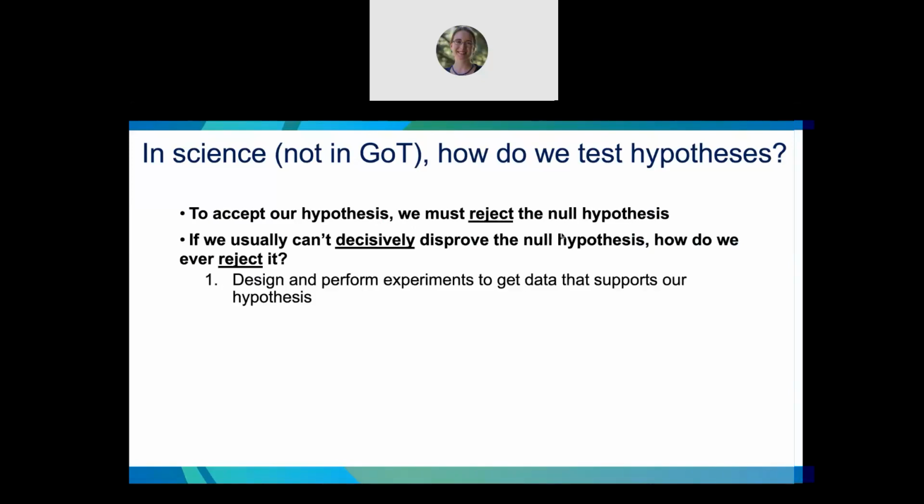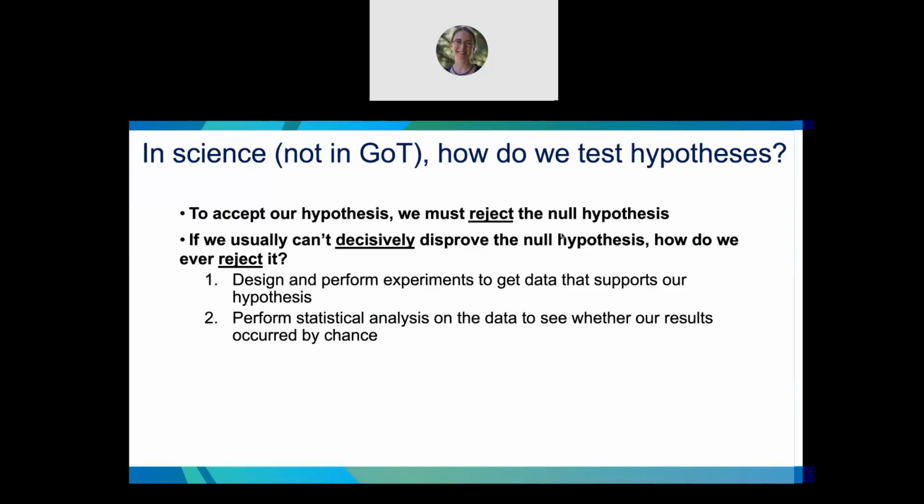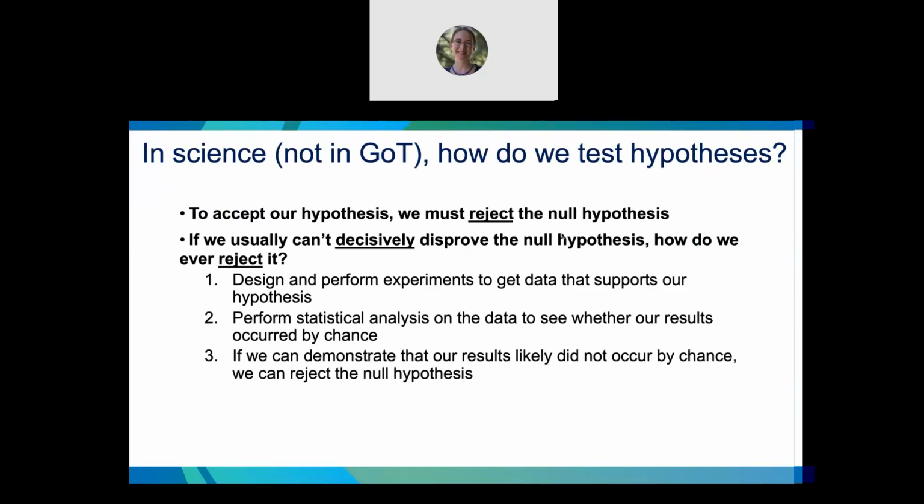Well, the best practices are, first, we design and perform experiments to get data that supports our hypothesis. Then we perform statistical analysis on the data that we've collected to see whether our results occurred by chance. And if we can do enough to demonstrate that most likely a reasonable person would say that our results did not occur by chance, then we can go ahead and reject the null hypothesis.